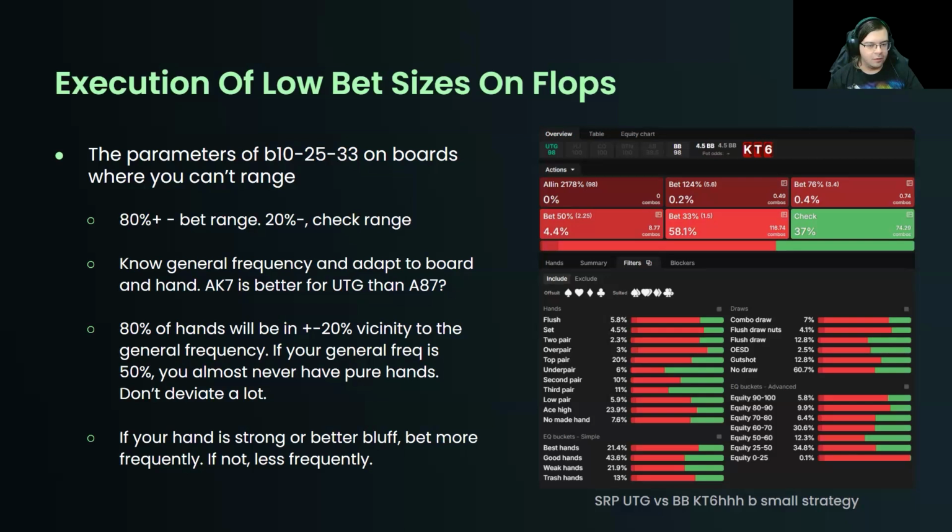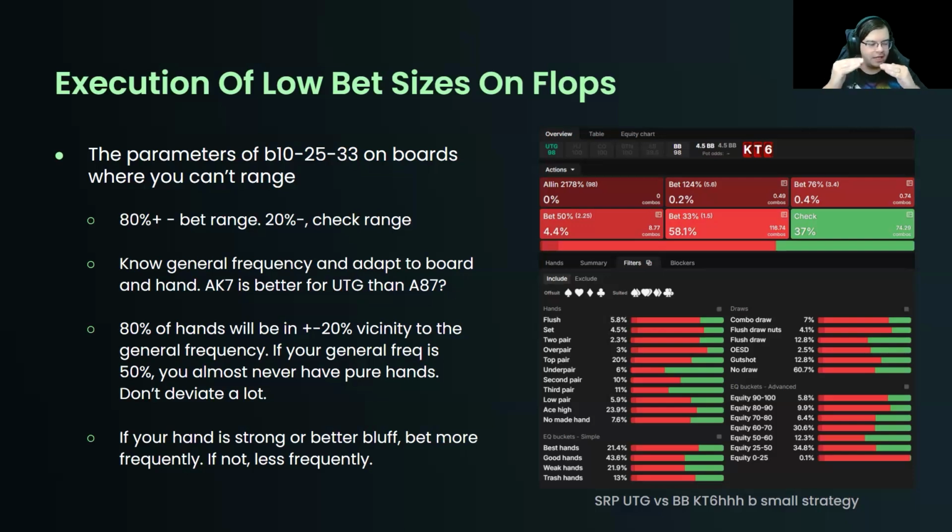A hand like absolute trash might be around that, might be more or slightly less. A medium hand like ace deuce on Ace 8-7 might be in the low ones. It might be a bit more trappy. There might not be a lot of point in betting that. 80% of hands will be in about 20% vicinity. If your base frequency is 50, it will be between 30 and 70%, around that.